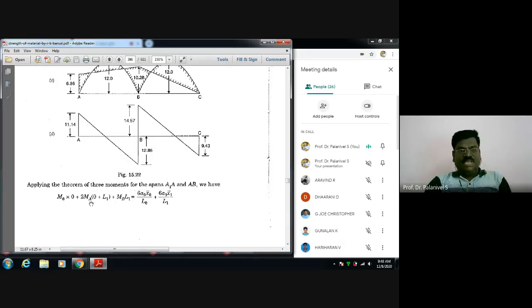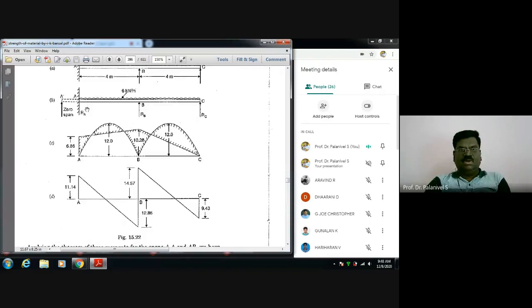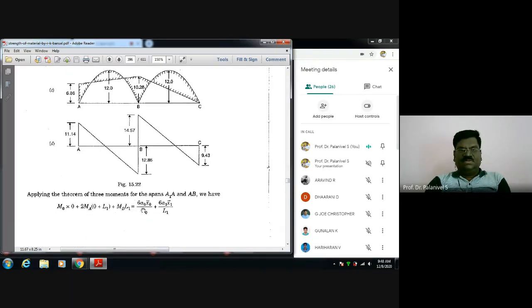Plus 2 MA into the 0 span L1, plus moment at support B into the span L2. Here this is L1, this is L2, this is L0. This is equal to 6A0 x0.